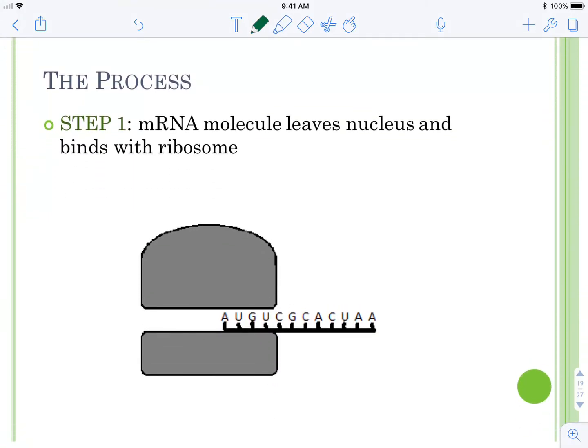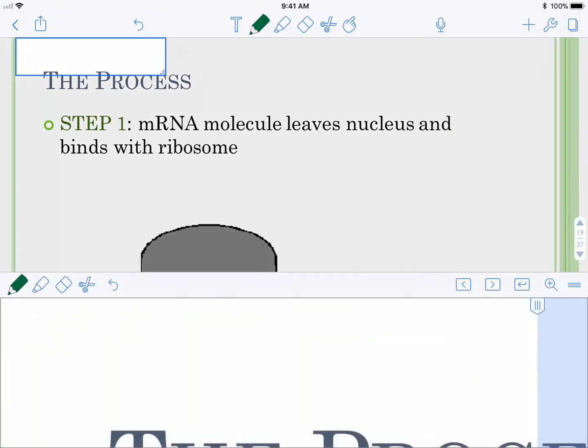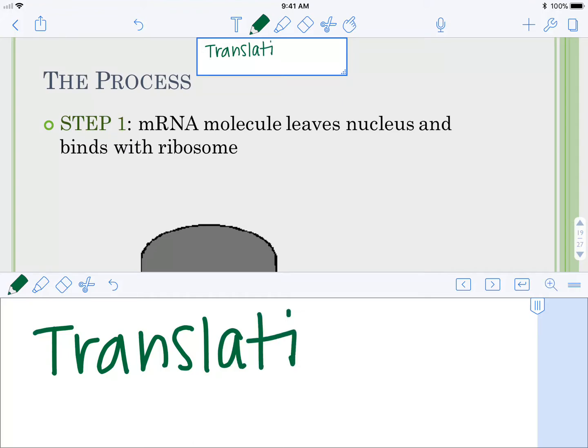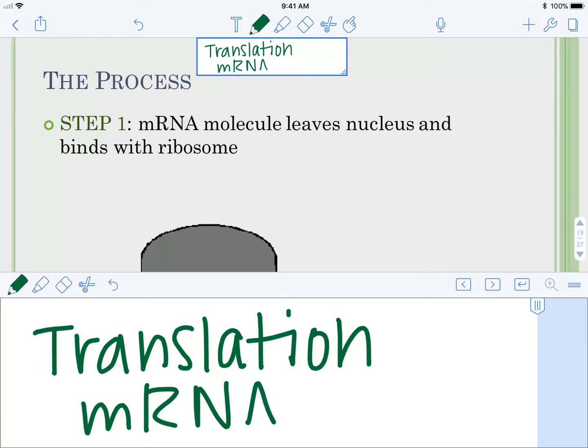Okay, as a quick refresher, remember our main goal in translation is to take mRNA and make a protein.